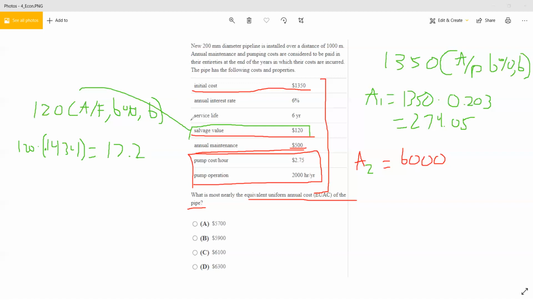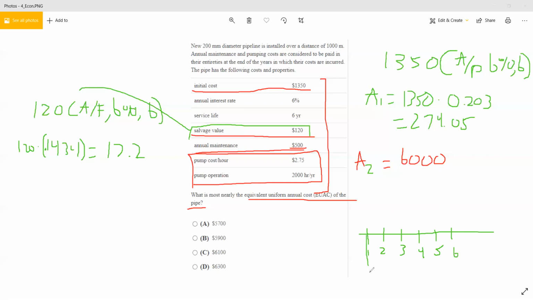Now we have to be careful which of these are costs, which are going to be negative on our cash flow diagram, and which are going to be positive. Let me draw this really quick. I'll put the poll up for you guys to answer. Year one, we've turned everything into an annual worth, correct?